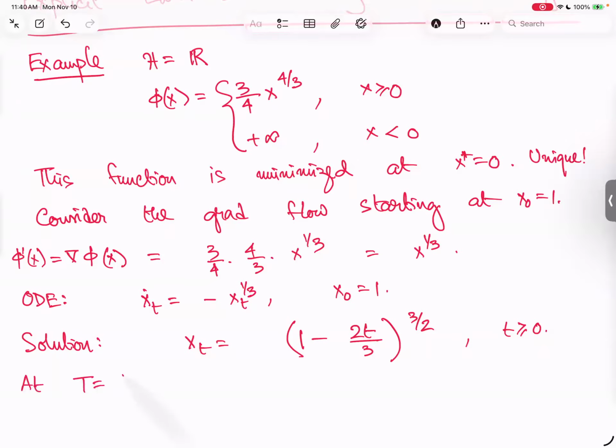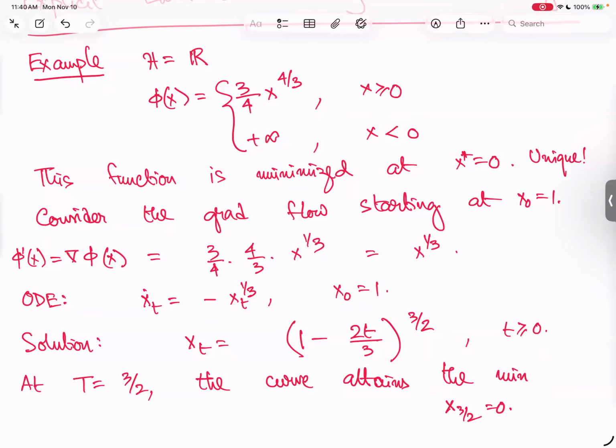So at t equal to 3 over 2, the curve attains the minimum. Sorry for this noise outside. Do you understand what I'm saying? So t equals 3 over 2, 2t over 3 is 1, 1 minus 1 is 0.